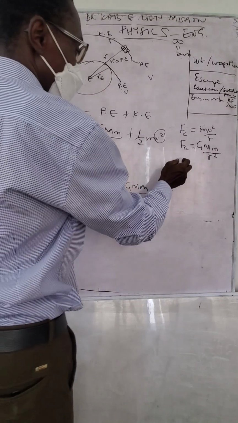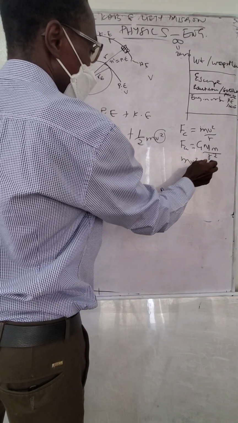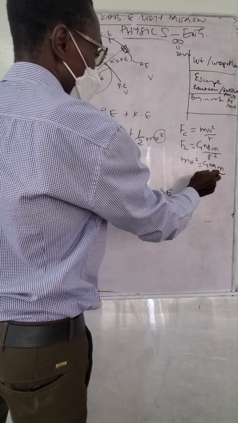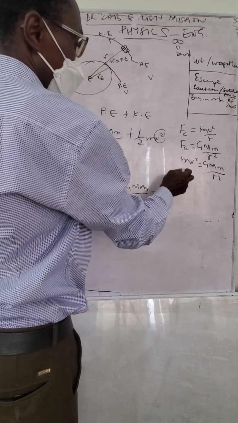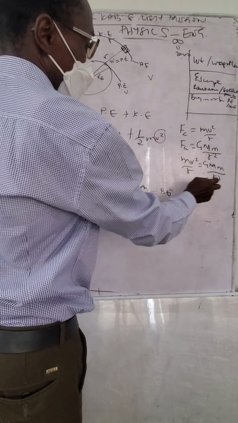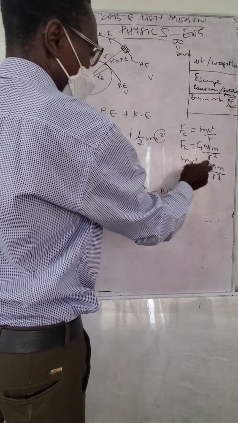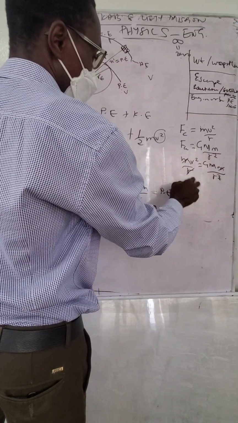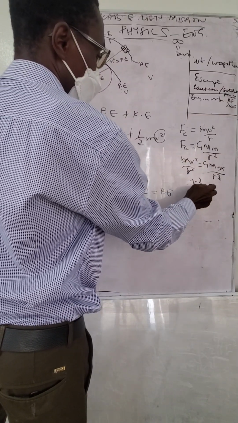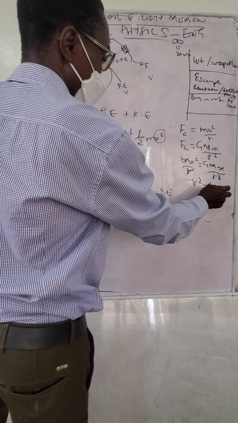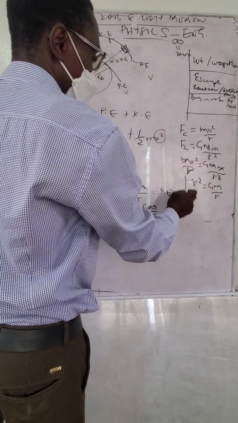So we can say that mv squared is equal to GMm over R squared. Here is R, this is R squared, so this R will cancel one, and m will cancel m, so that we have v squared equal to GM over R. This is what we want.